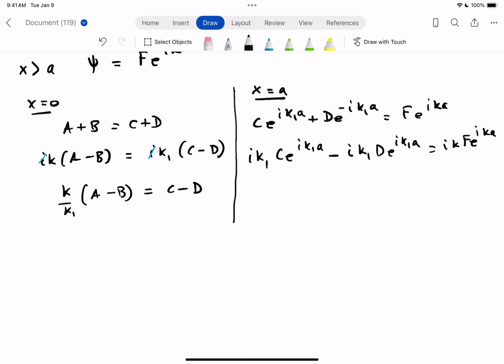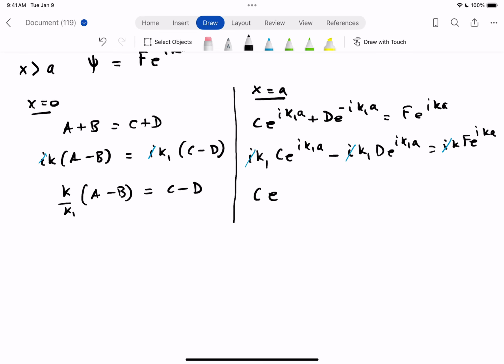Alright, we can simplify this one a little bit. Let's cancel out the i's first, and then let's divide both sides by k1.